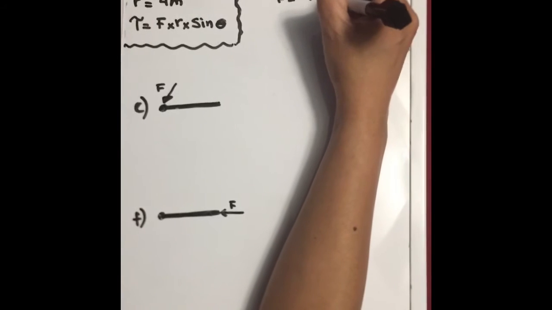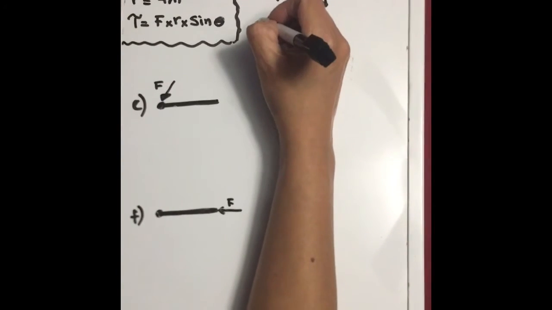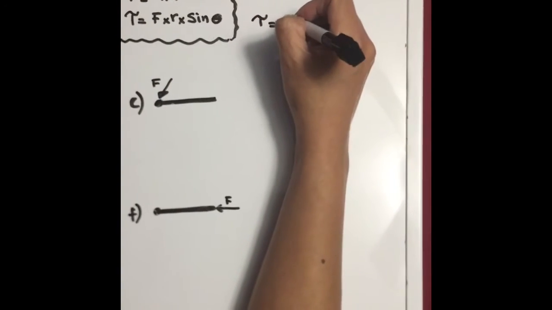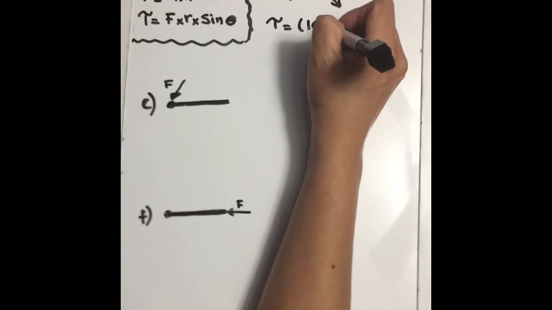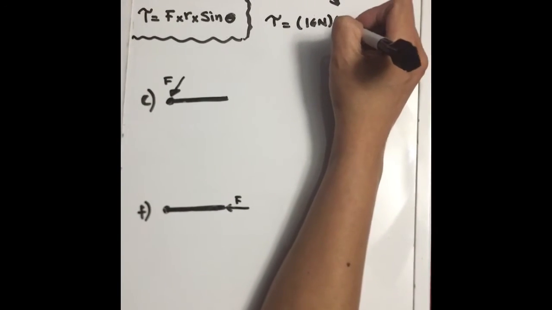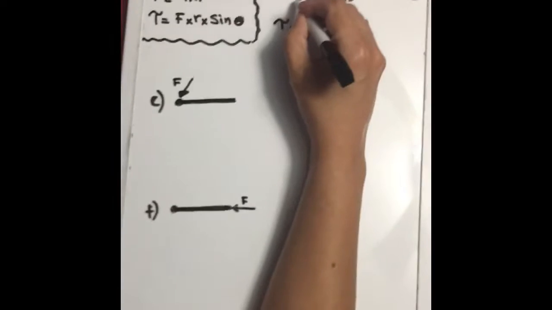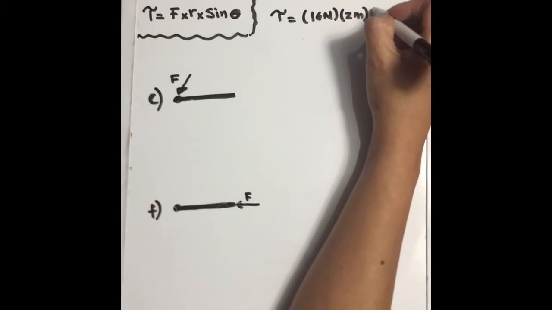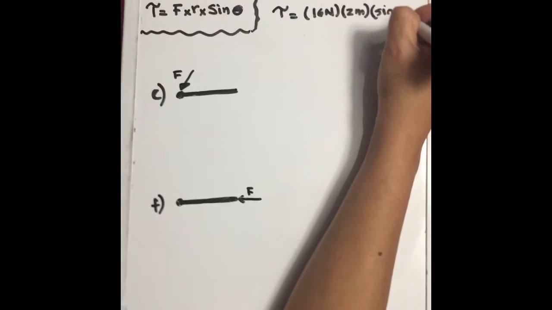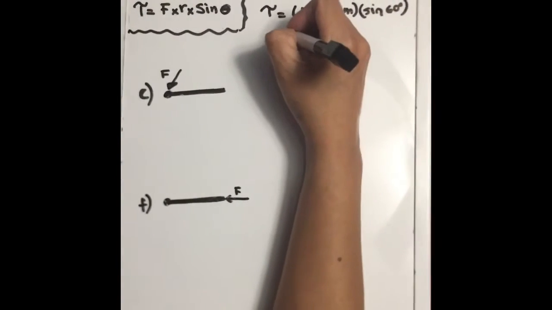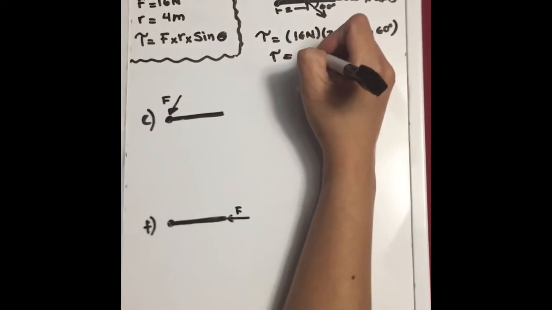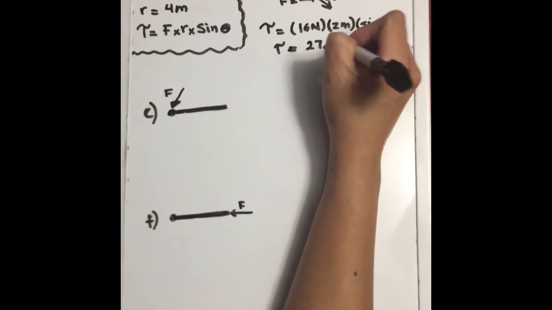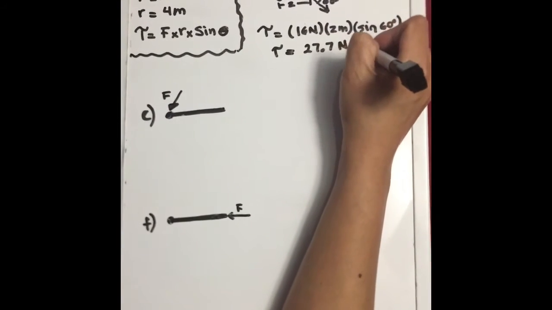So this is 60 degrees, meaning that the torque in this case is going to be 16 newtons times 2 meters, because that's the distance at which the force is applied, times sine of 60 degrees, which is equal to 27.7 newton-meters.